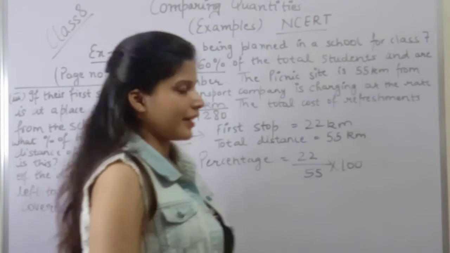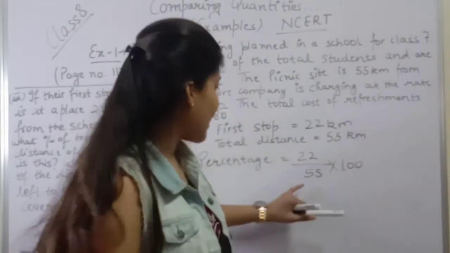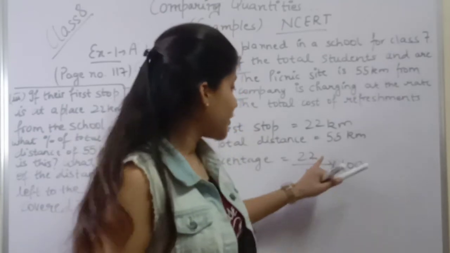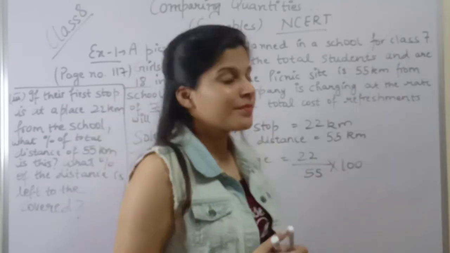This is all we have to do. We have to calculate how much percent of 55 is 22. So 22 upon 55 into 100.